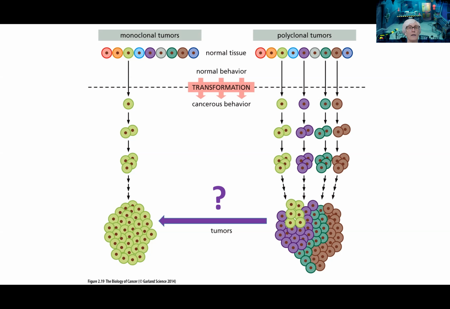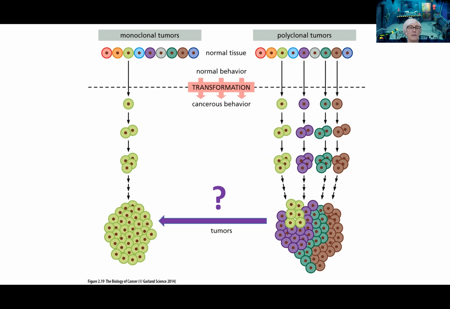In other words, could a polyclonal tumor have developed, and the purple cells within that tumor and the teal cells and the brown cells within that tumor were all outcompeted by the green cells, so that now we have a monoclonal tumor that we're detecting in these examples that arose in a very different way? I think that's certainly a possibility.